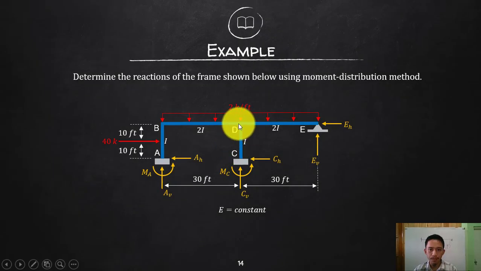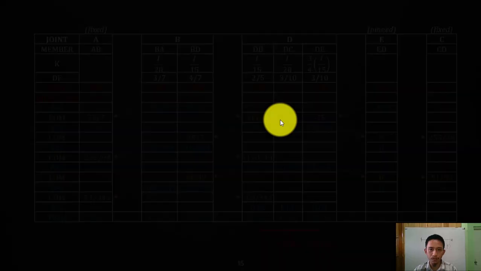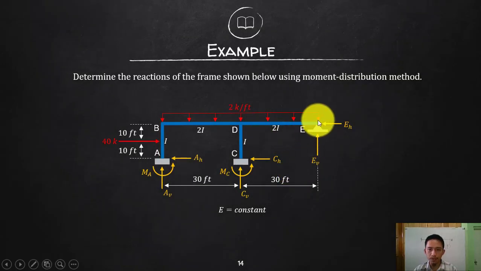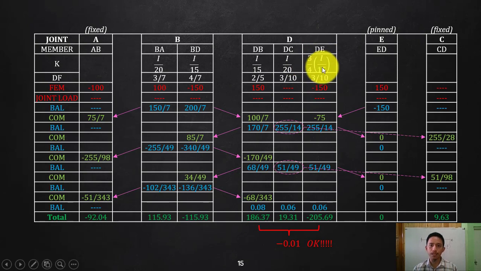For DC, that is fixed there, so it's still I over L, which is 20, so 1 over 20. And for your DE, why is there a 3/4? Because this is terminated and that is just a simple support. So 3/4 or 75% of the I over L, but the I of that is 2I over 30, so that is 3/4 of I over 15.